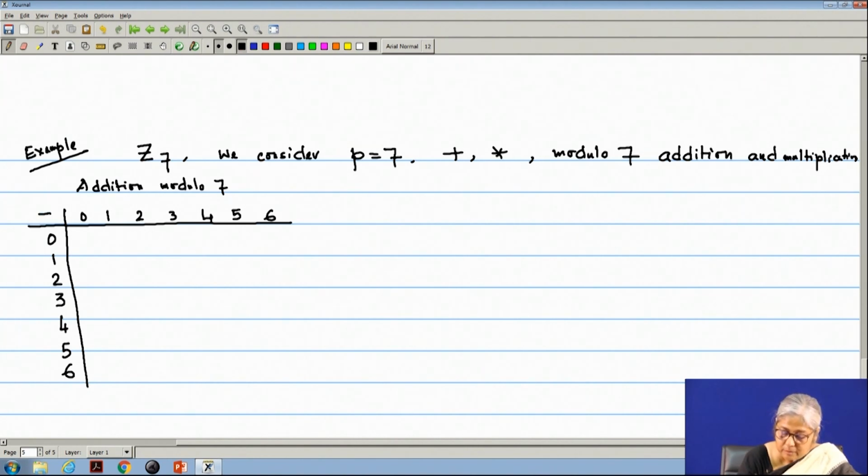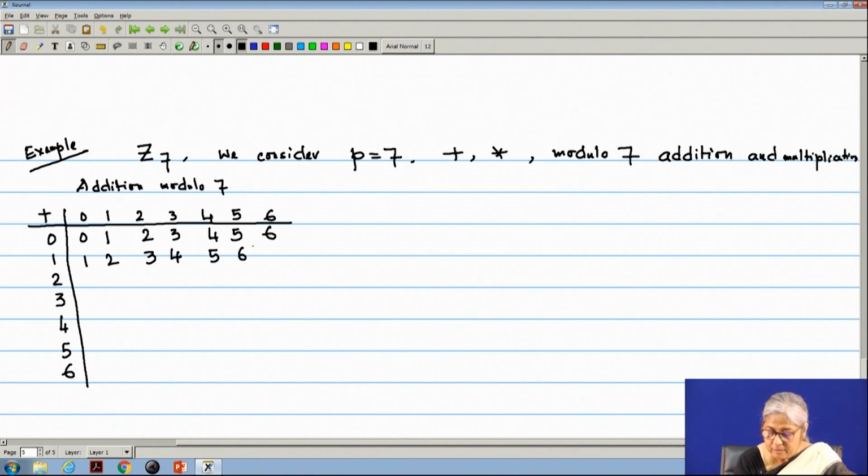And modulo 7. So, if we remember, it will be same, because addition will be similar. 6 plus 1 is 7. So, modulo 7 it is 0.